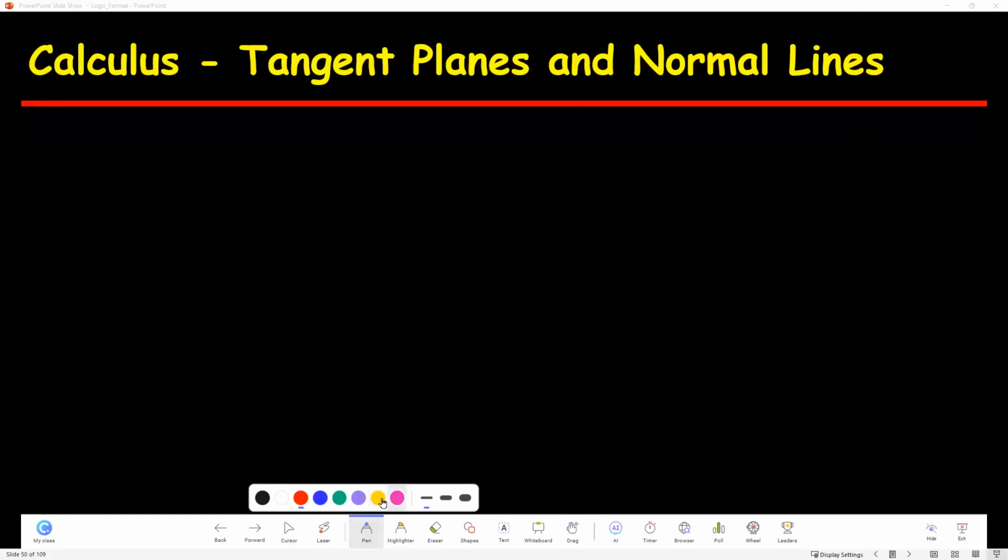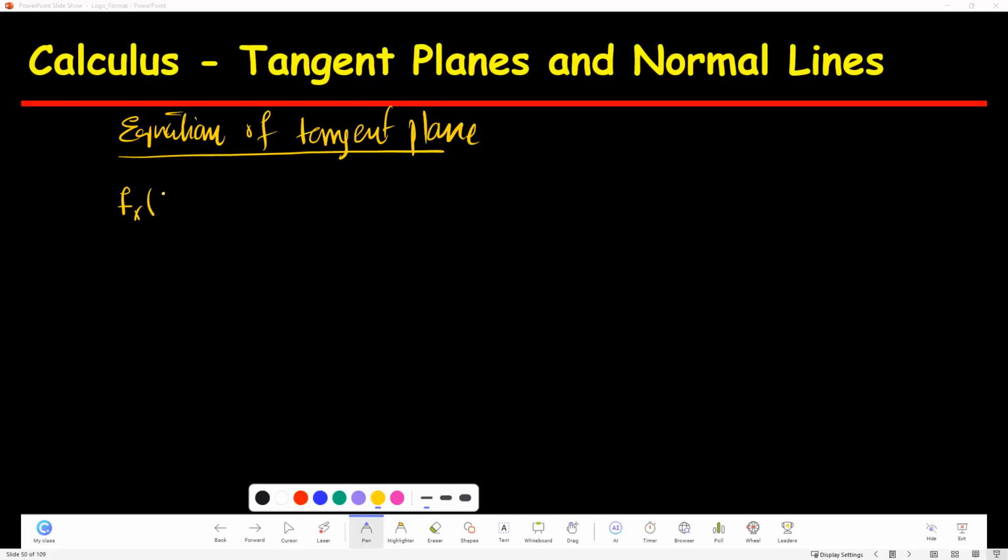So in our previous class, we were talking about equation of tangent plane and normal lines, and equation of tangent planes. Is it something that looks like this? You're writing fx at x naught, y naught, z naught. I just want to add one more thing.